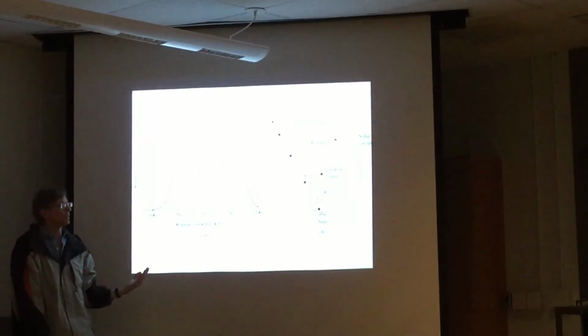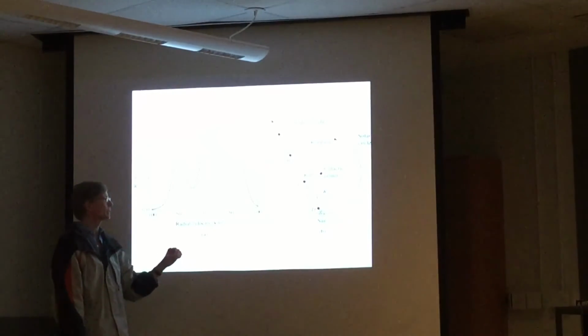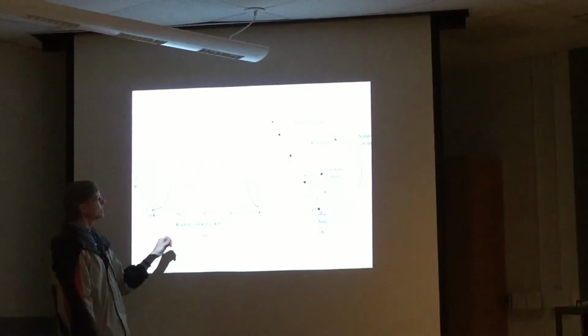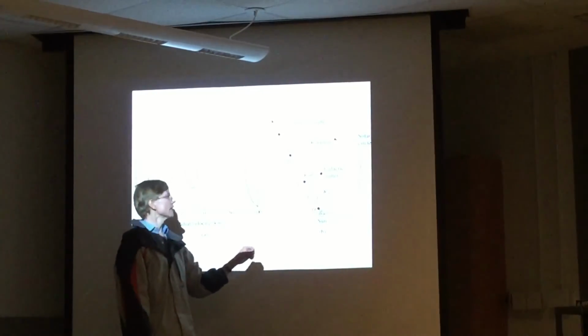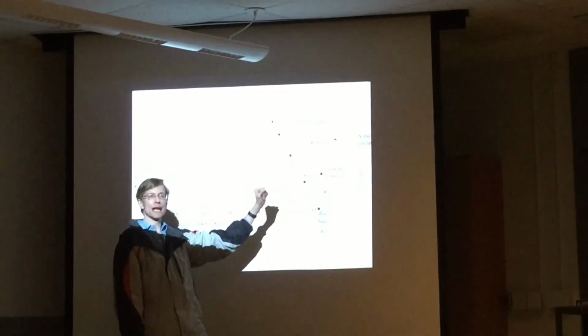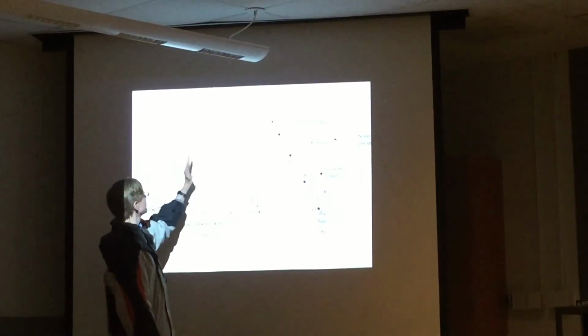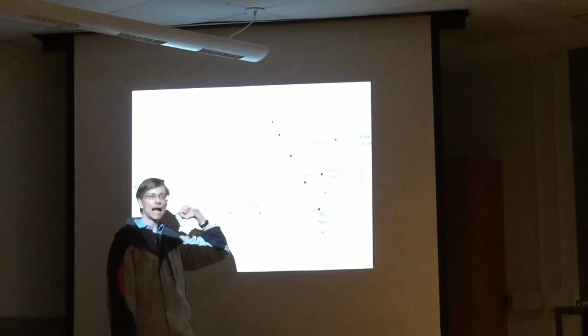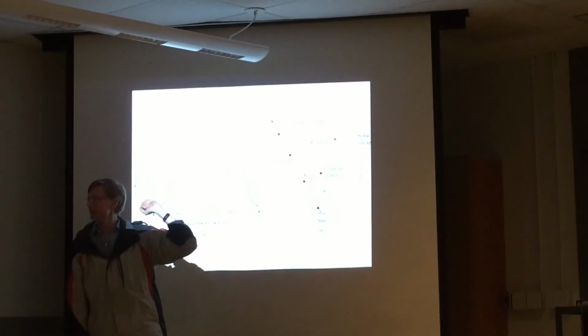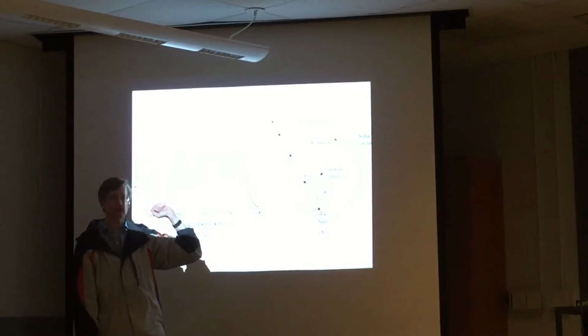The details are in the book, and it's pretty tedious, and I'm not going to go through it here. But the idea is that if you have a model of the rotation curve of the galaxy, then you can deduce where the different clouds are along the line of sight from their Doppler shifts.